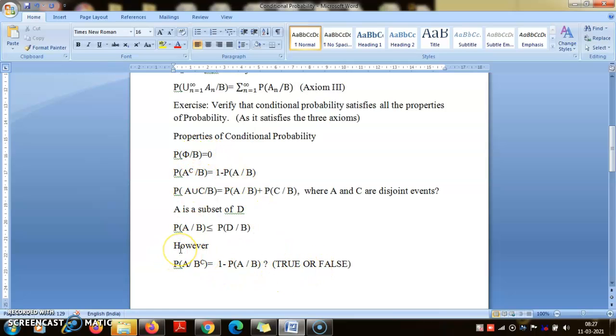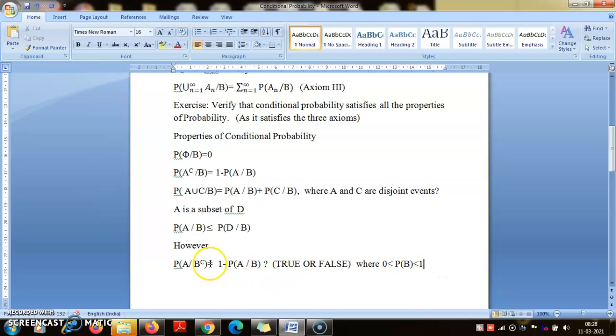Now I am leaving a question for you to think: is it the same or not? Suppose B is such that probability of B is positive, between 0 and 1, then will this hold or not? Why am I saying between 0 and 1?